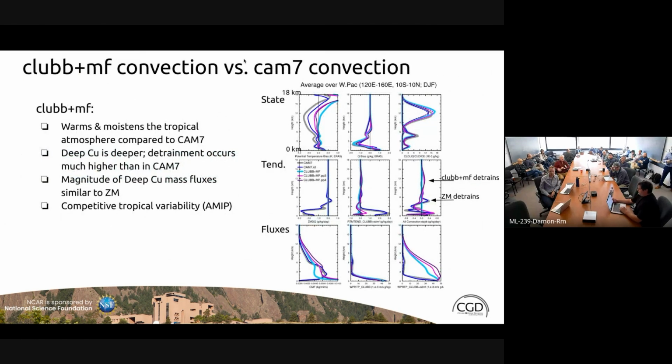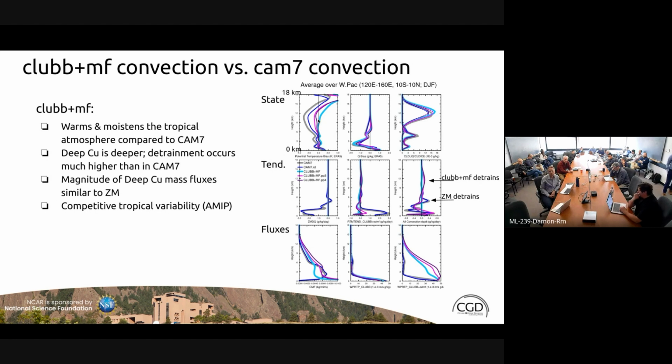So I'm just going to end on this plot that I've shown before that just looks a little more granular at the vertical profiles of CLUBB-MF versus CAM7 in the West Pacific region. Blue and gray are CAM7, and all the other colors are some flavor of CLUBB-MF. The upper left plot is your potential temperature bias.